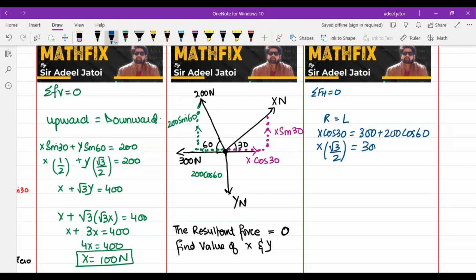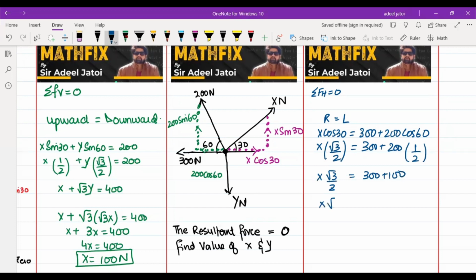So what we can have is x cos 30, which is under root 3 upon 2, is equal to 300 plus 200 cos 60, and cos 60 is 1 upon 2. So x under root 3 upon 2 is equal to 300 plus 100.